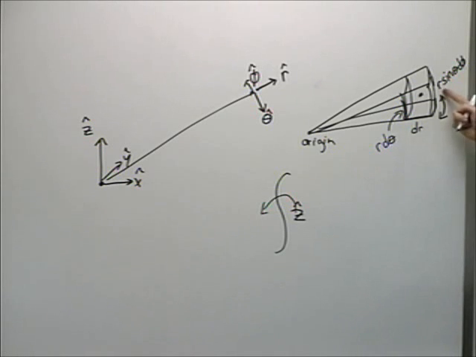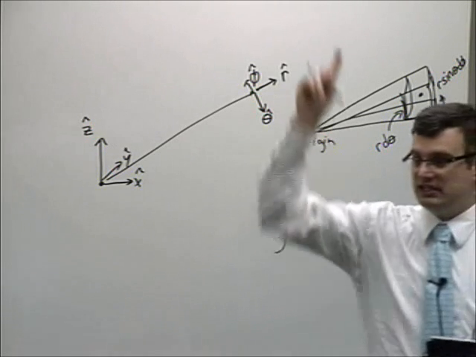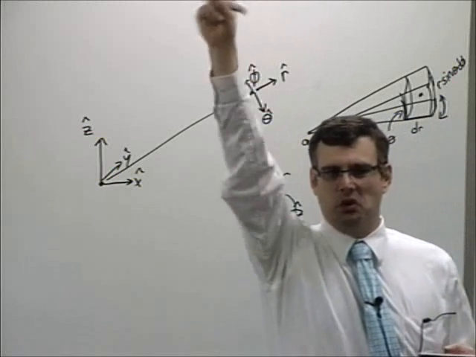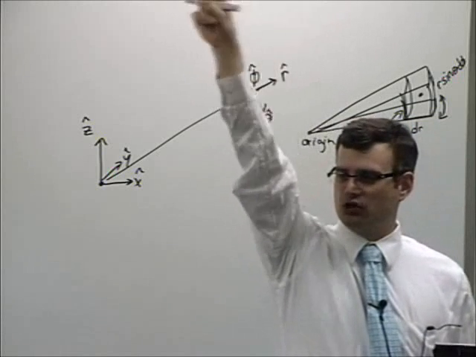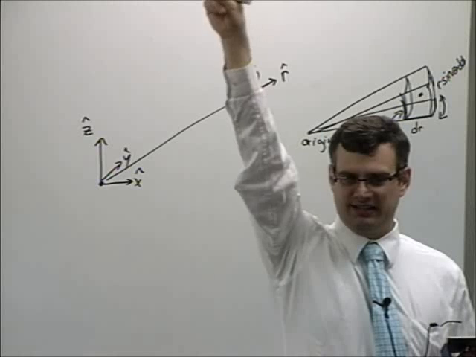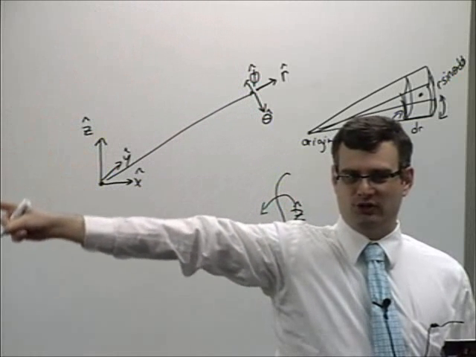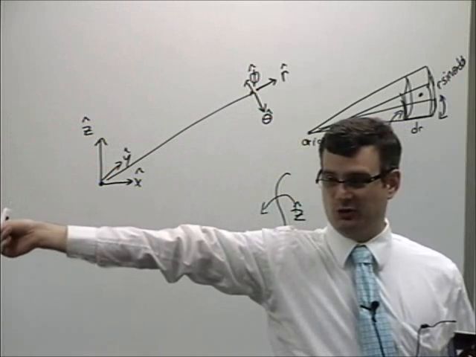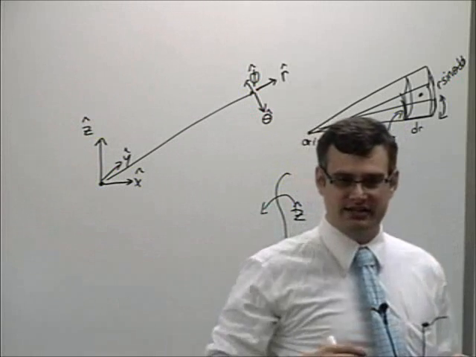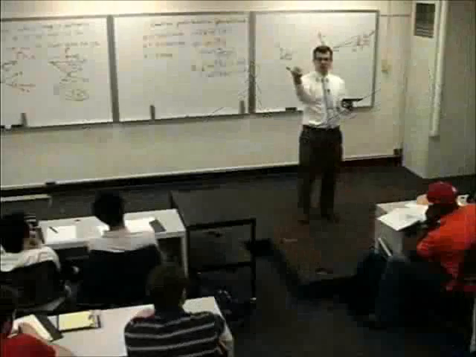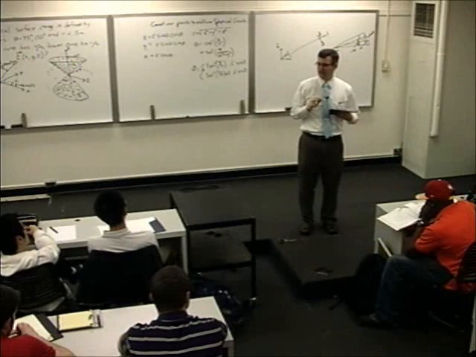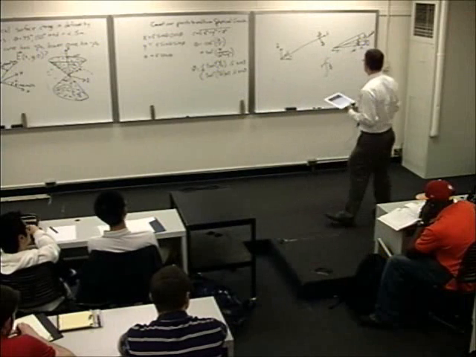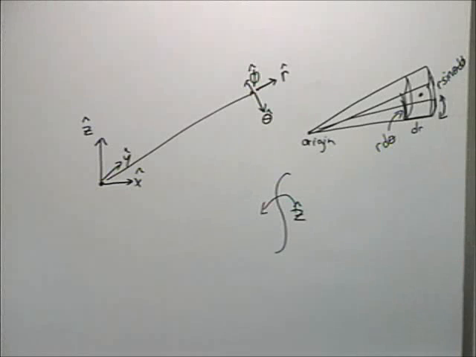I also need to scale it with respect to theta, because when theta is 0 degrees, or very small, it's pointing almost straight up the z-axis, and when it spins around, it doesn't cover much ground for a given radius. If you take that same radius and bring it closer to the xy plane, where sine of theta is close to 1, you swing it around and sweep out a lot of distance. So I have to scale it with respect to r, the distance from the origin, and also theta, the elevation angle as measured from the z-axis. That's why the sine theta d phi term comes in here.